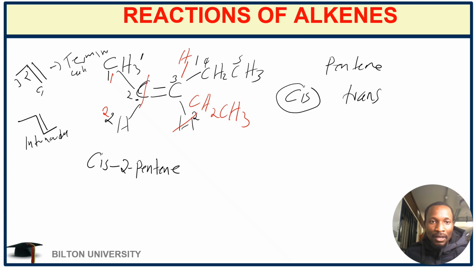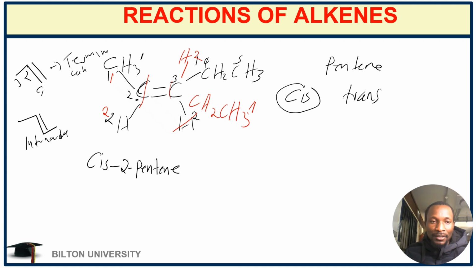But if you consider carbon number 3, on the upper side we have hydrogen, and on the lower side we have the ethyl group. So the ethyl group is the first priority, so we give it number 1, and then hydrogen is number 2. So you can see that in the same molecule, now the higher priority groups are opposite each other, and when they're opposite each other we say trans.